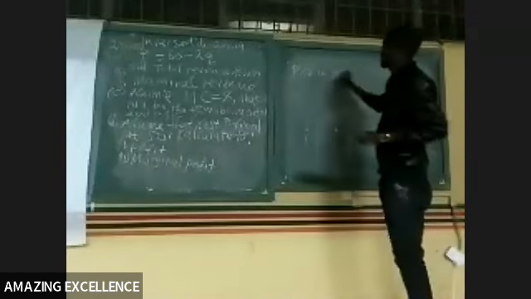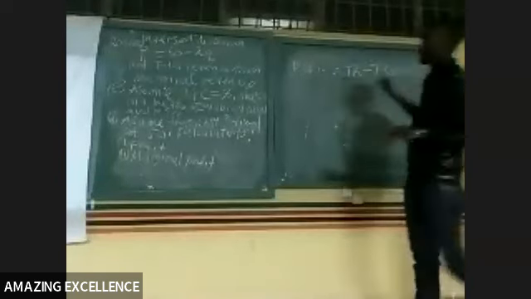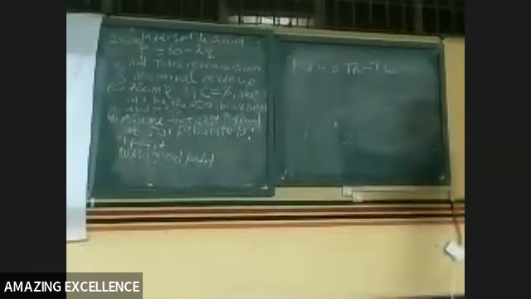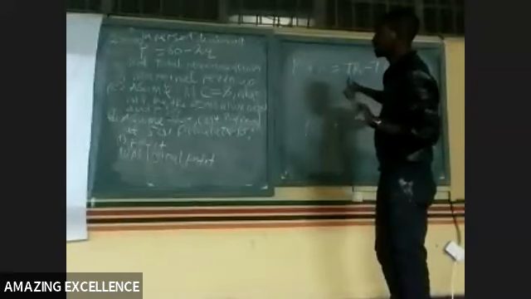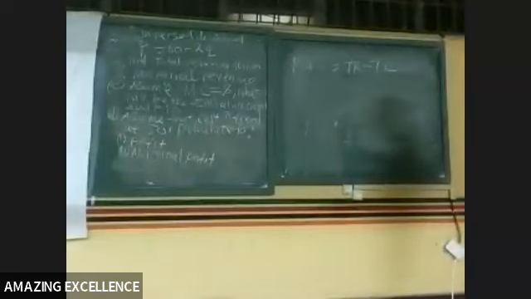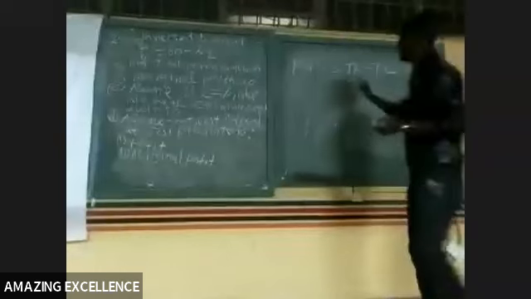Okay, so profit is equal to total revenue minus total cost, right? That's how it is here. So what is our total revenue? We know the total revenue function.